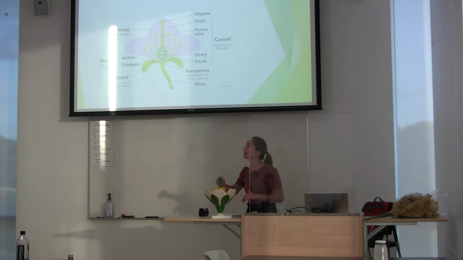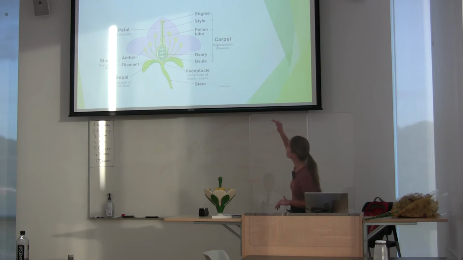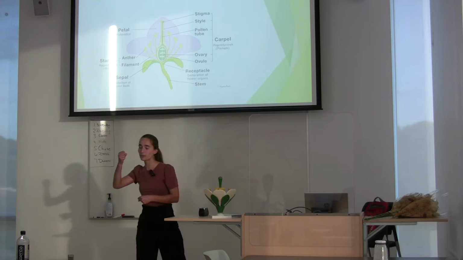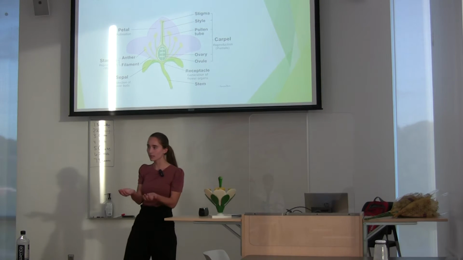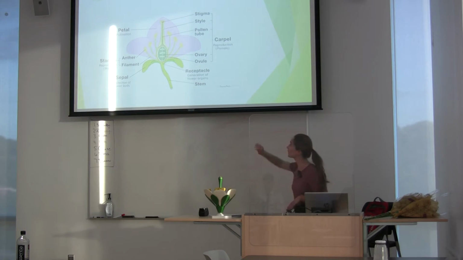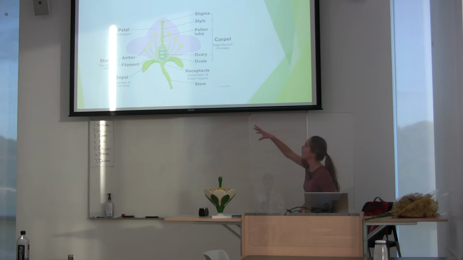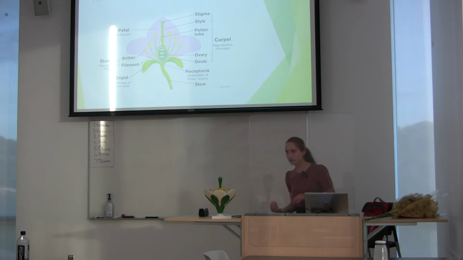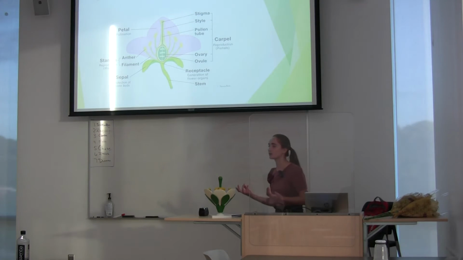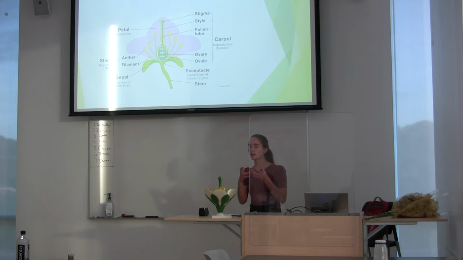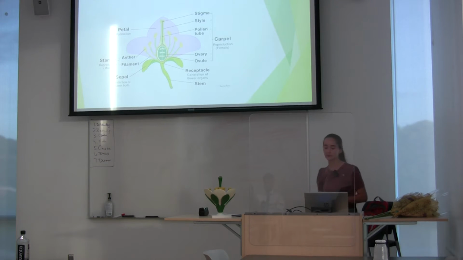At the very top you have the stigma and then the style, and within the style there's the pollen tube, which goes down to the ovary, which has the ovules inside. Pollen from the anther is deposited on the stigma, travels down the pollen tube to the ovules and fertilizes them, and then the fertilized ovules develop into seeds, which further the process.